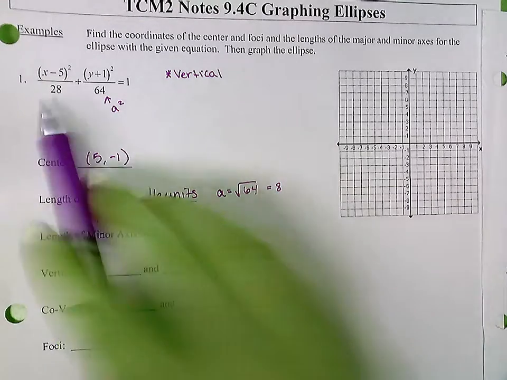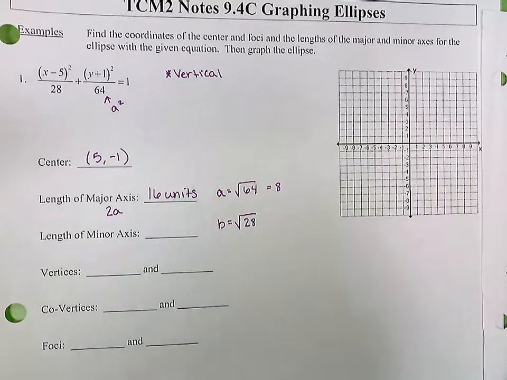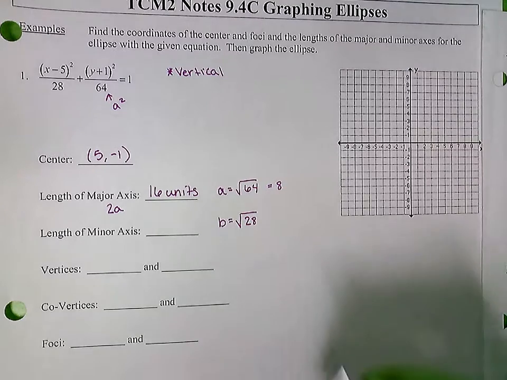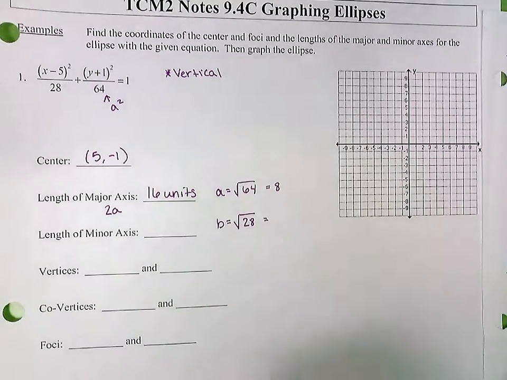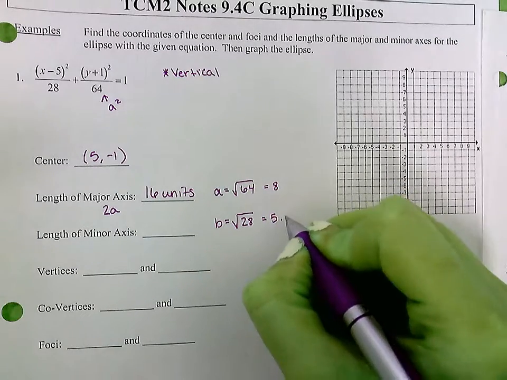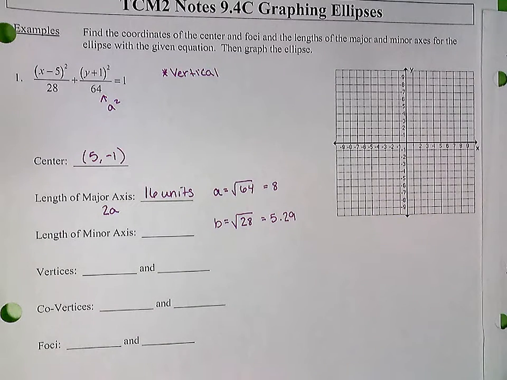Again, to find b, I'm going to take the square root of that number. This one will be a decimal. That is about 5.29. If you use 5.3, that's fine.